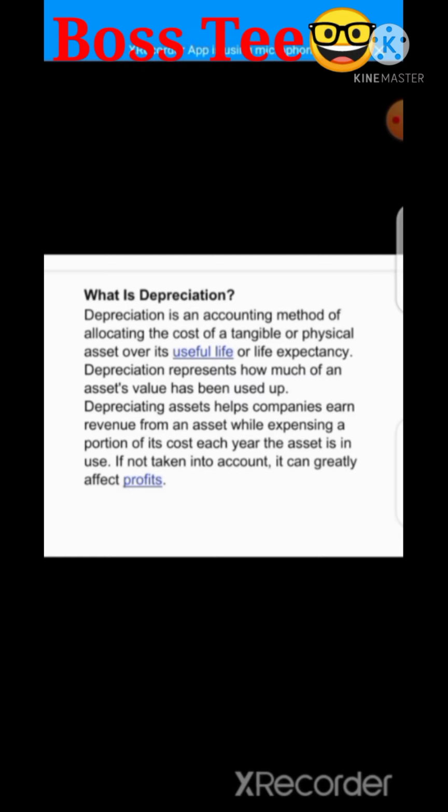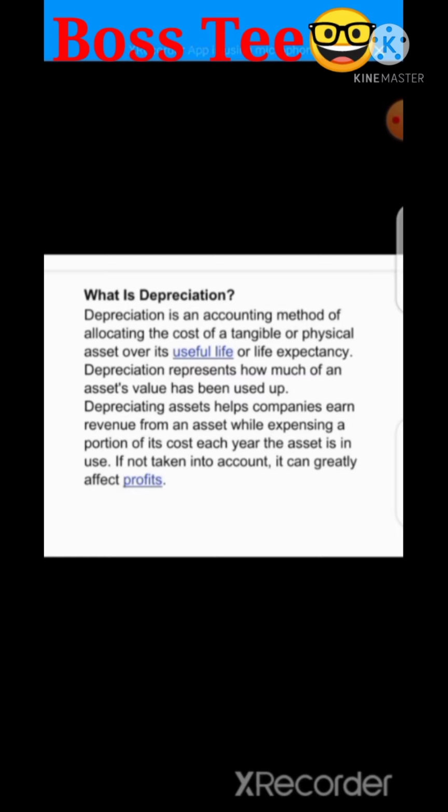If we are to depreciate the asset in the next 3 years, this is the life expectancy. We are expecting to depreciate the asset for the next 3 years. But the useful life is the past 2 years that we depreciated it. So think about that. The past 2 years that we depreciated it. But its expected life will be 3 years for it to be completed.